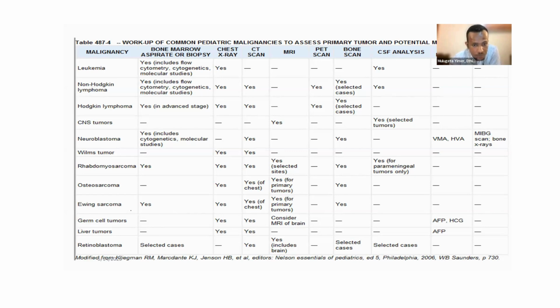There are some exceptions, but the general truth is for Wilms tumor we don't need bone marrow aspiration, but we need a chest X-ray. That's very important. We need a CT scan of the primary tumor and chest as well. But MRI may not be relevant. You can do it, but CT scan is preferred.